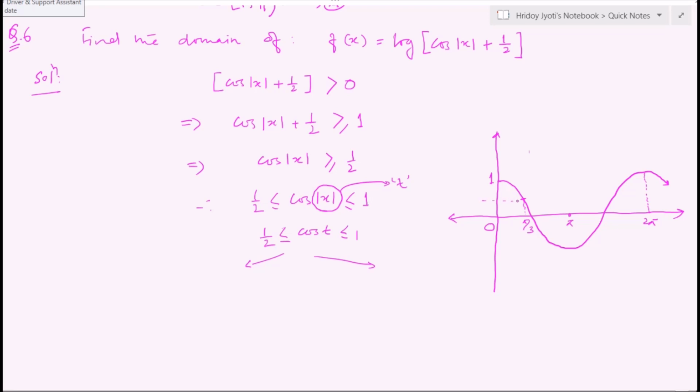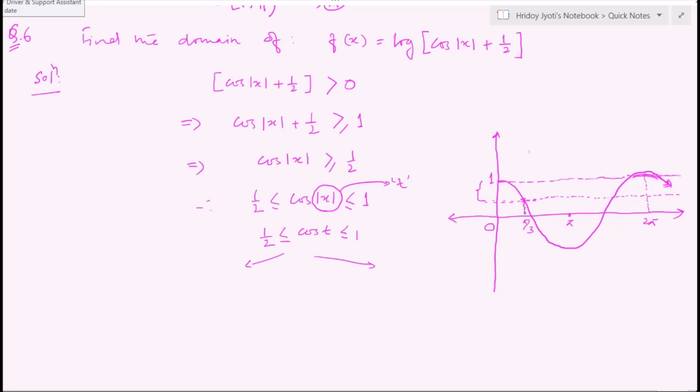So we are looking for the values of t where cos t is greater than half and less than or equal to 1. These are the intervals we are looking for.